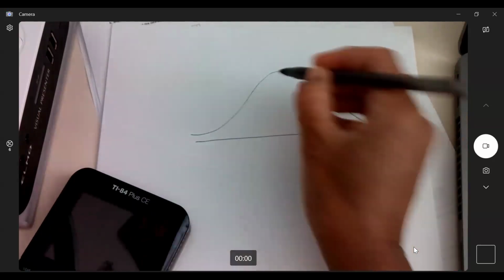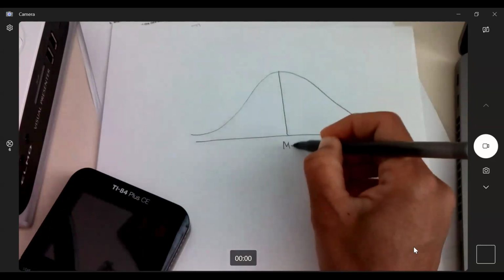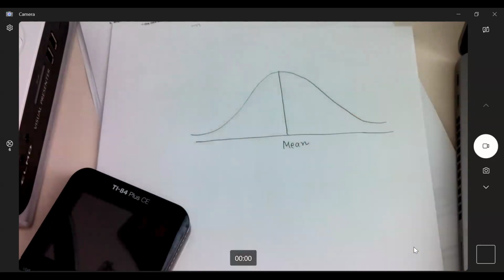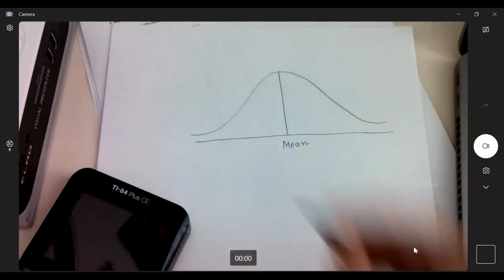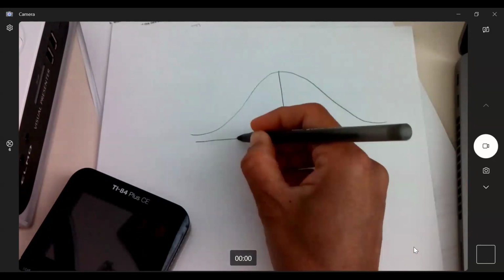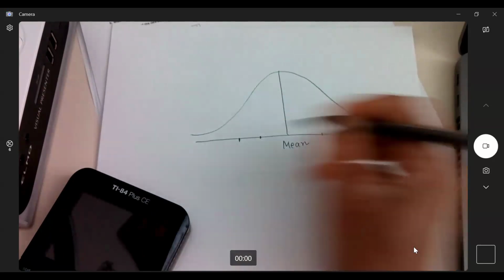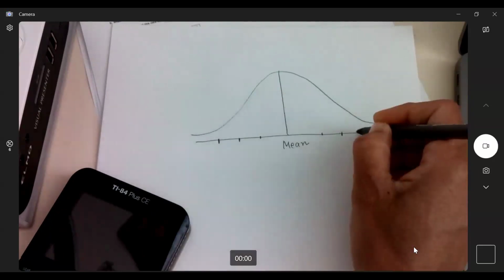In that, the mean is at the center. And we were talking about 1 standard deviation to the left, 1 standard deviation to the right, 2 standard deviations to the left, 2 to the right, 3 to the left, 3 to the right.